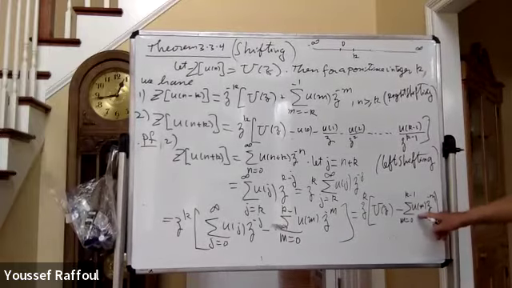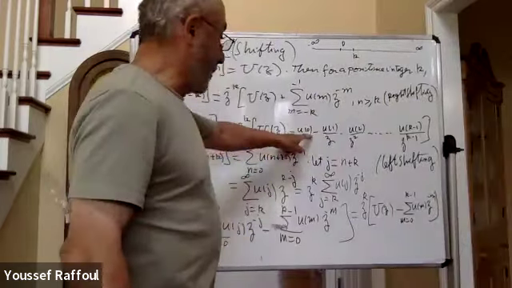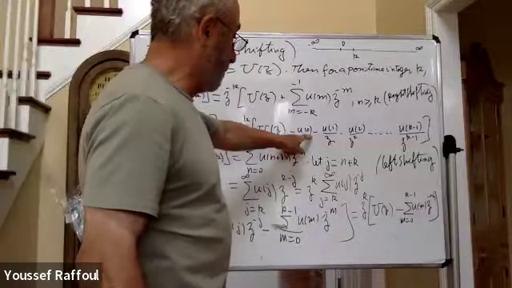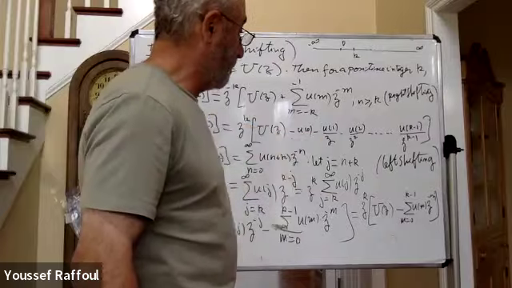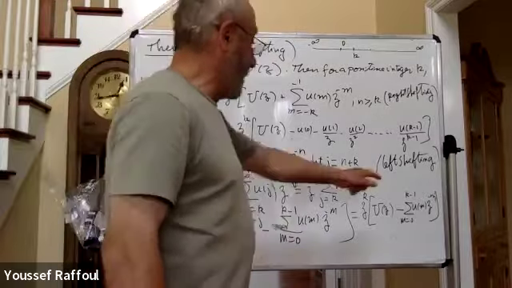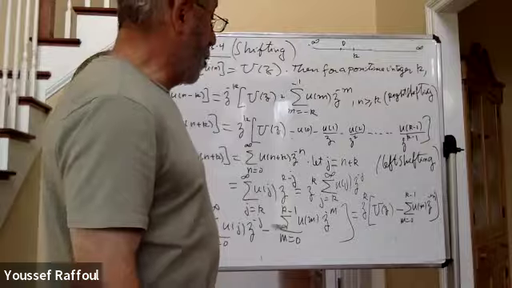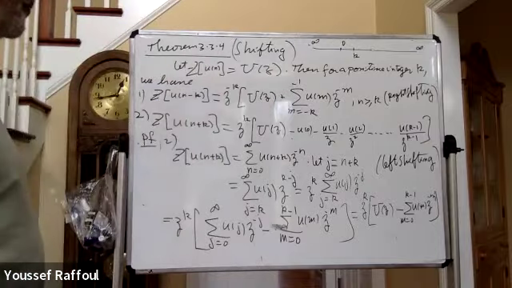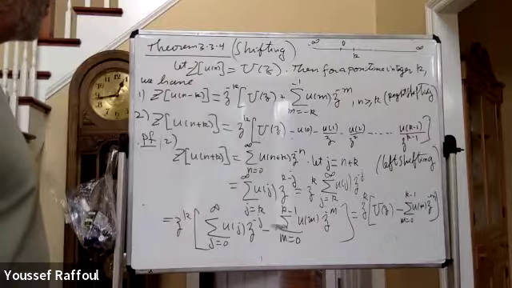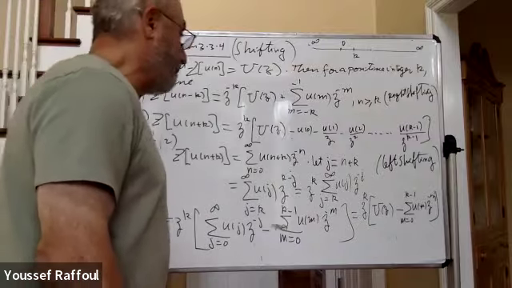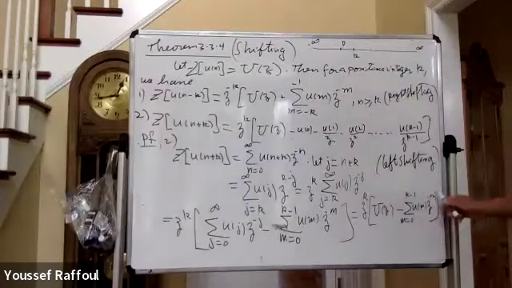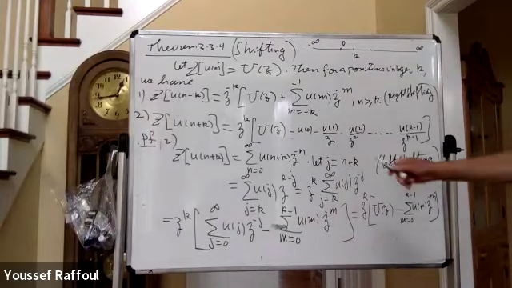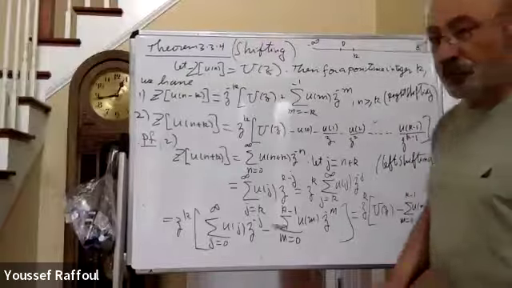And then if you put 0 in for m equals 0, you get minus u_0. For m equals 1, you will get the second term and so forth, okay? And that's what we have here. Minus u_1 minus u_2 and so forth. So that is a proof of 2.